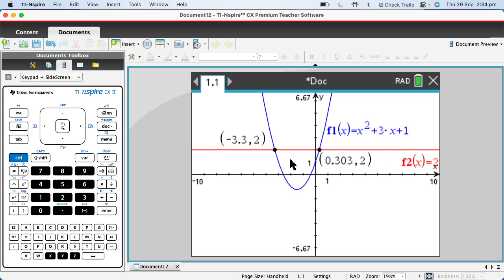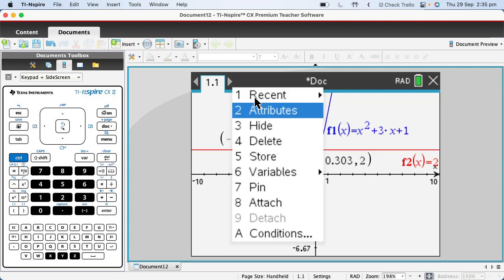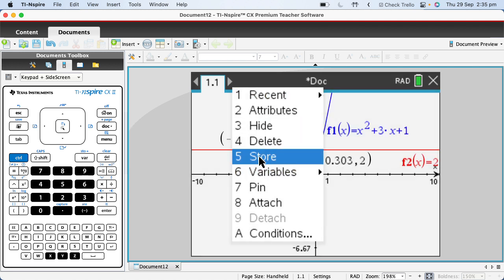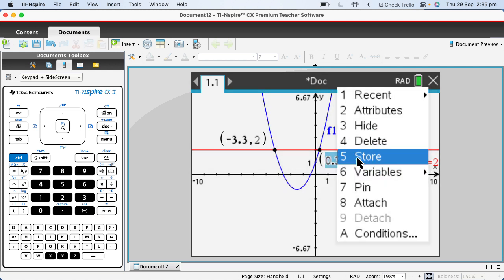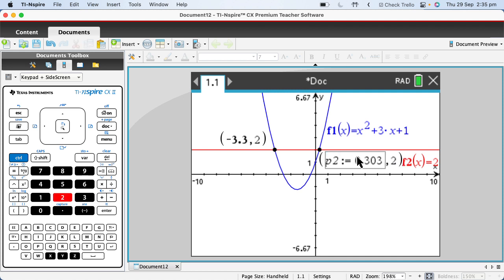I might just point out something else you can do too. Sometimes you'll want to use these numbers, or you want to see the decimal places more than what's written here. So you can right-click. I think it's Control-click on the numbers, and it brings up this, and you can store the variables in a name. So I could call this one, say, P1, and then right-click on this one and store it as P2.